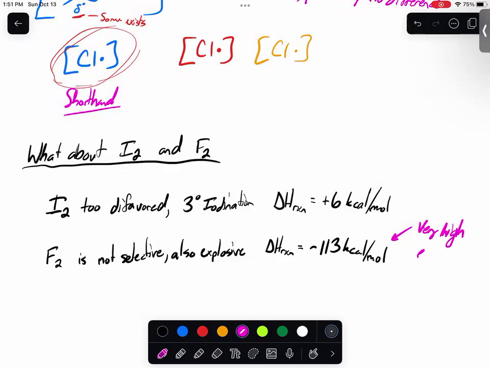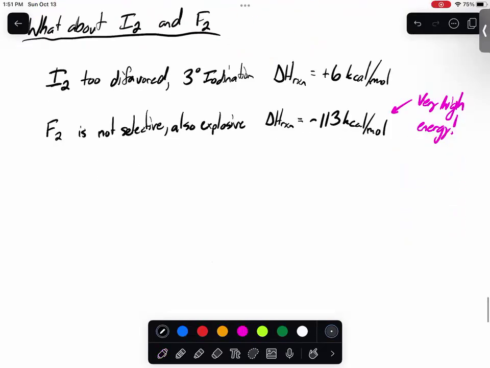So because of the fact that this is ridiculously non-selective, practically everything's a one-to-one, and the fact that it's explosive, we're not going to focus on it in this course. We're only going to focus on the things that are actually useful in terms of reactions. So that being said, let's look back at bromination and let's talk a little bit about stereochemistry.